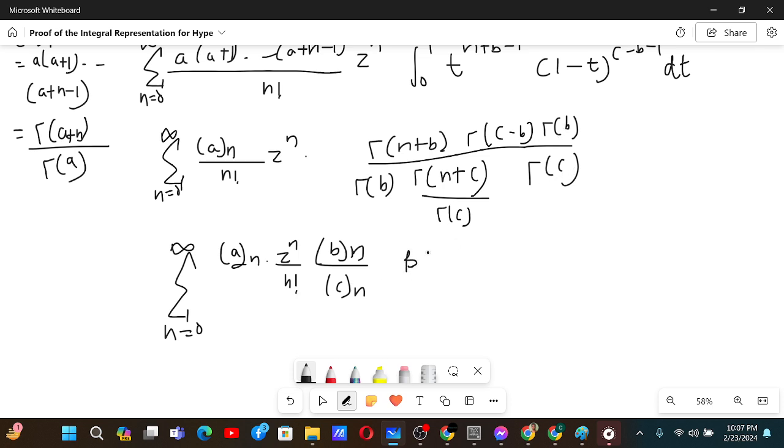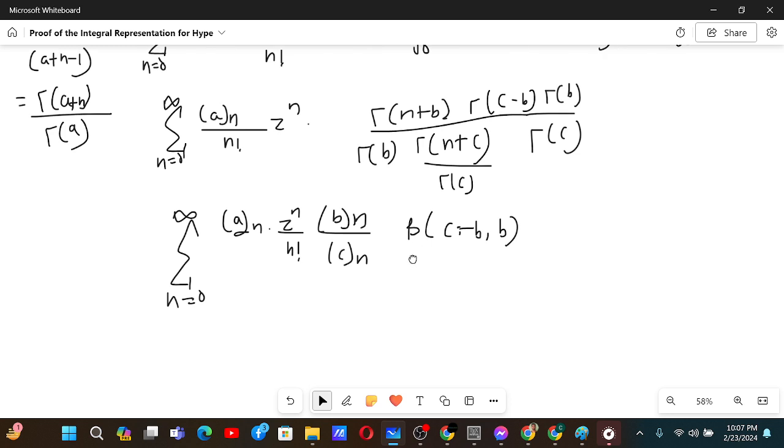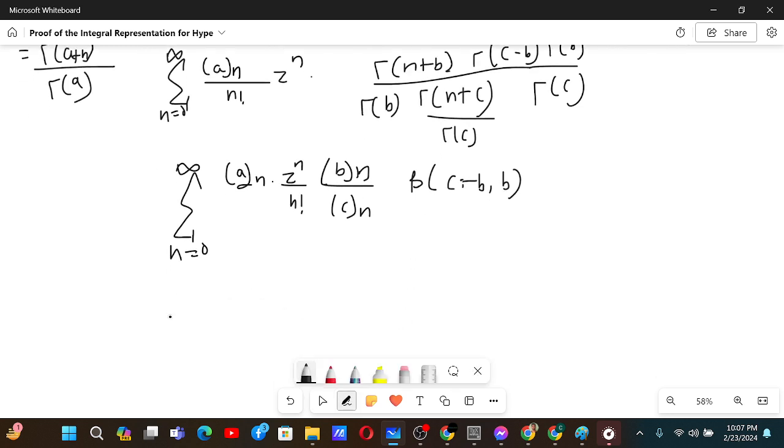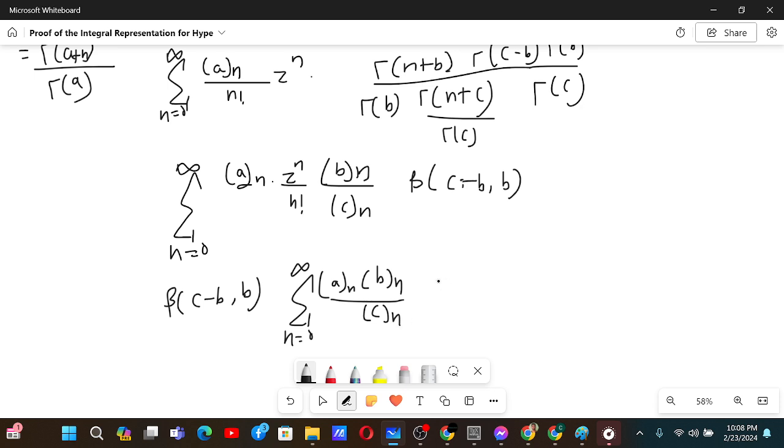And now here we have gamma x gamma y by gamma x plus y. So this is beta of c minus b comma b. If you take this outside the sum, we have the sum going from n equals 0 to infinity of rising factorial of a, rising factorial of b, by rising factorial of c, by g to the power n by n factorial.